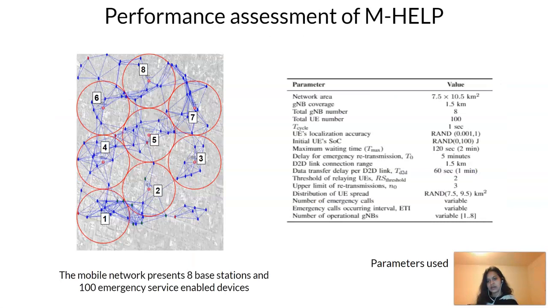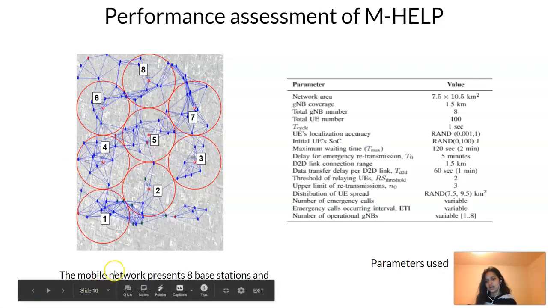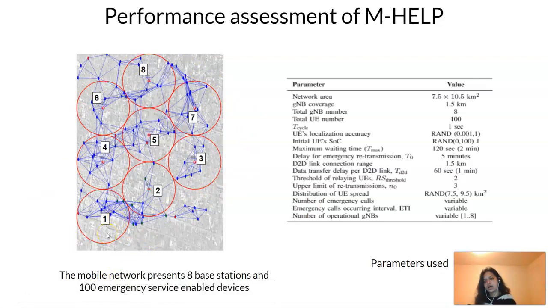Next, I will explain what kind of simulation environment I developed to assess the mHealth performance. I considered that there are 8 base stations, and because of the disaster, the base stations get destroyed in the order of 1 to 7.